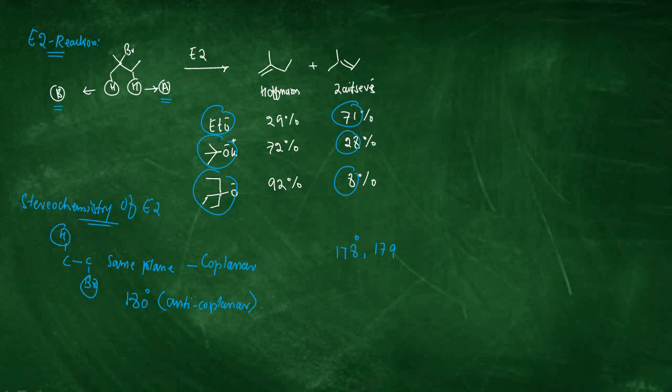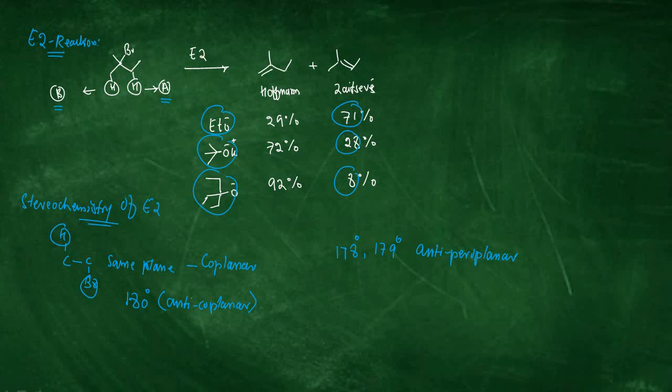If both the groups are at 178 or 179 degrees, the E2 reaction still takes place, and such a conformation is known as anti-periplanar.